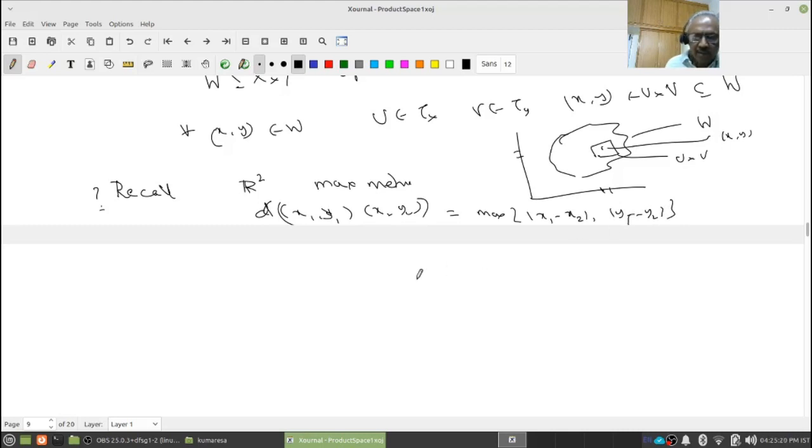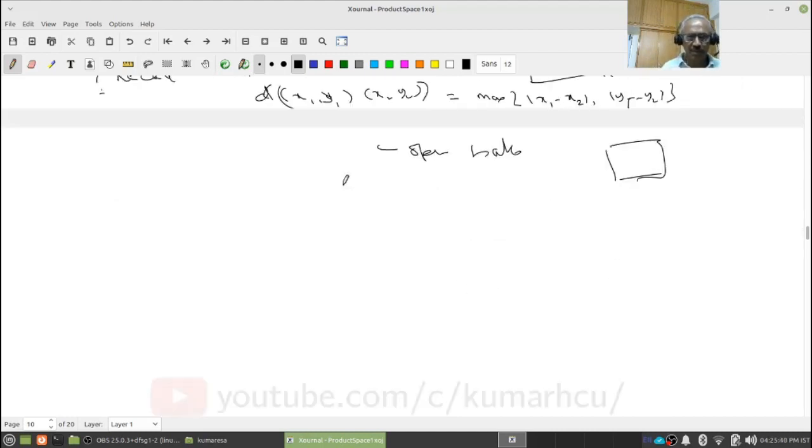The open balls are of this kind, right? Yes, you should always relate. You should not simply assume this and go ahead. You have seen a similar thing earlier. So is the product topology clear?